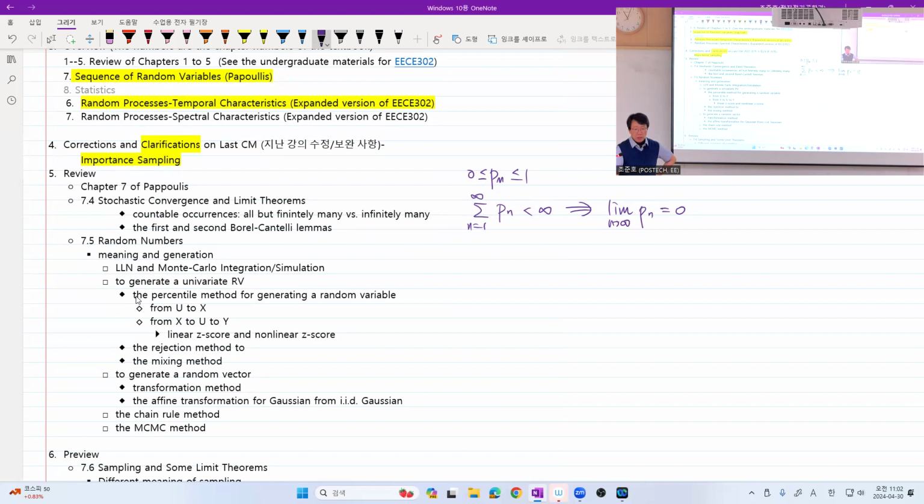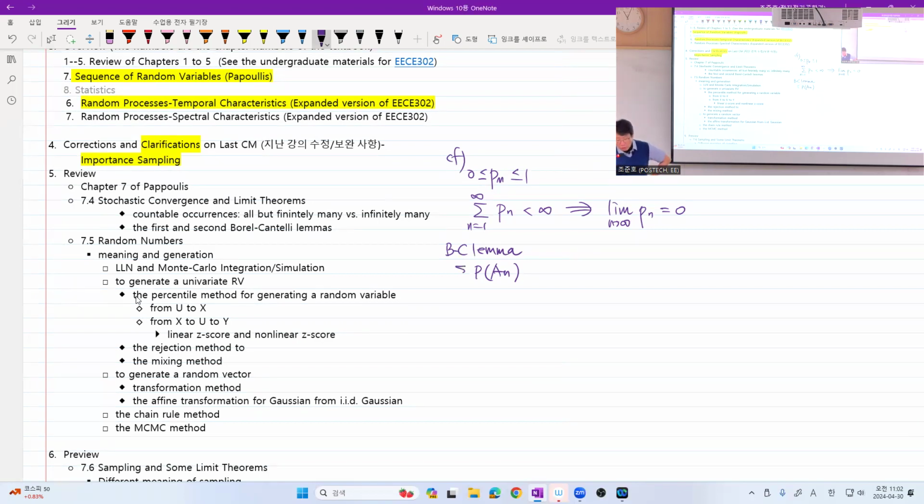The Borel-Cantelli lemma looks very similar to it. The difference is that now you have a sequence of events, let's say A sub n. Of course, the probabilities of these events are non-negative real numbers bounded by 1.